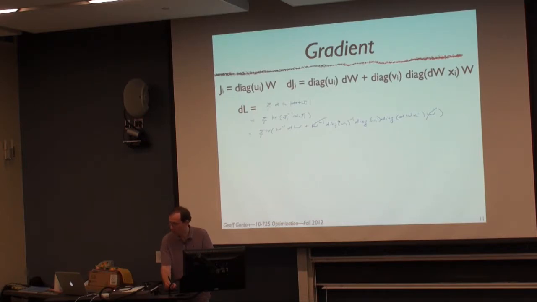I'm going to define a new notation to save myself a little bit of writing. So I will call this whole thing, this part here, diag of w_i, right? So v over u is w.